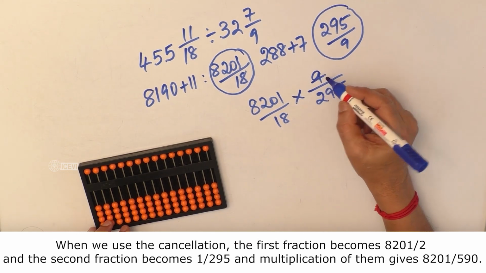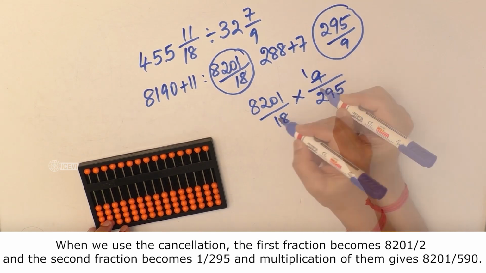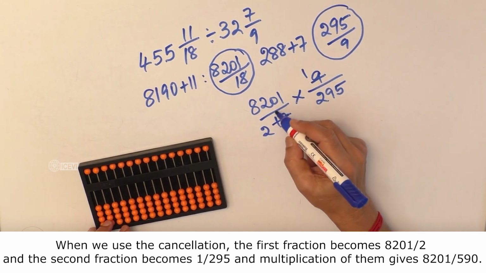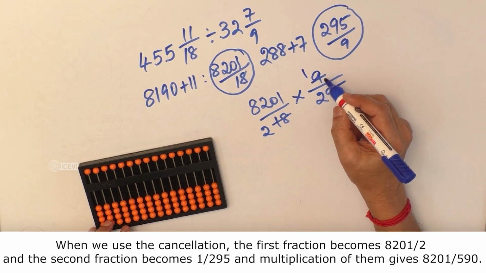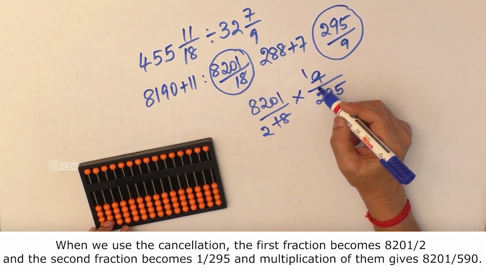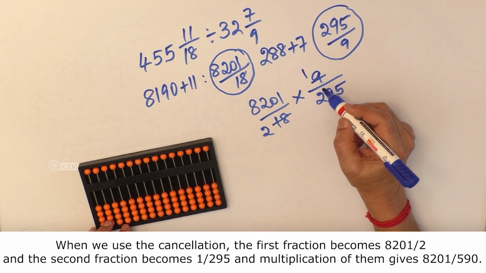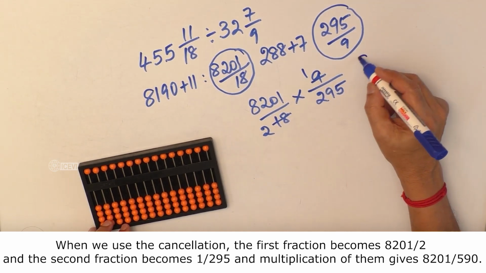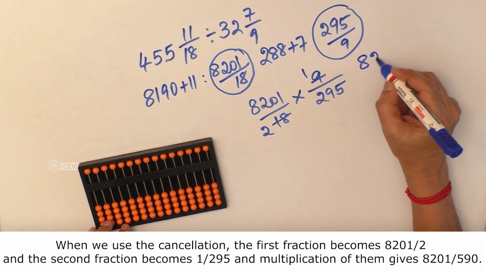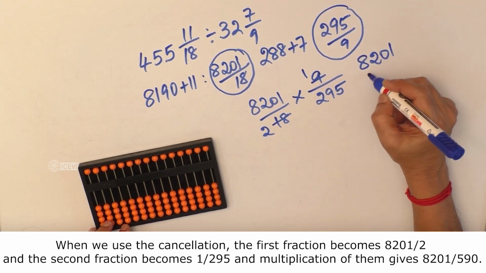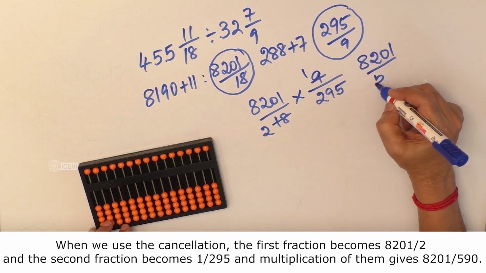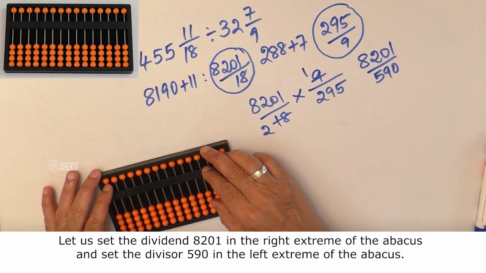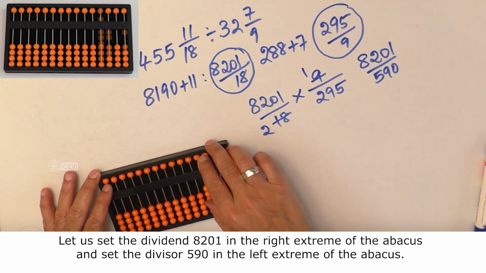When we use the cancellation, the first fraction becomes 8201 and the second fraction becomes 1 by 295, and multiplication of them gives 8201 divided by 590.